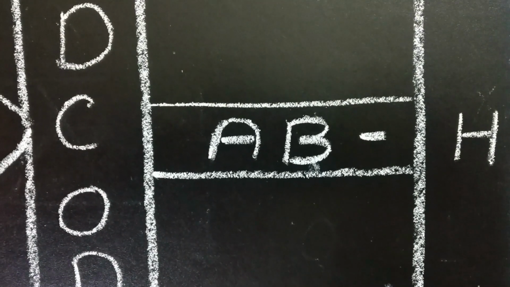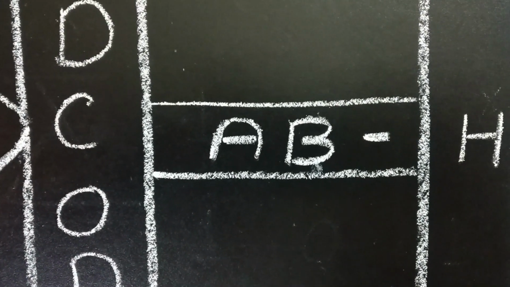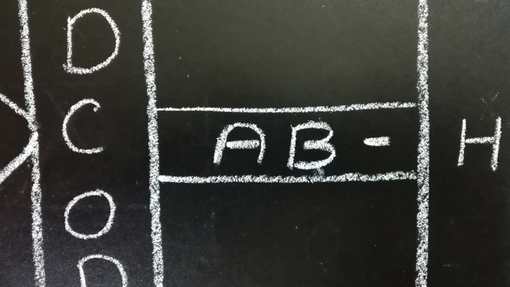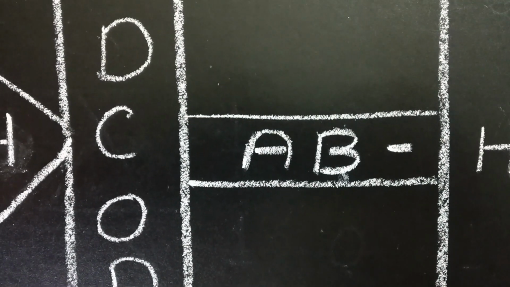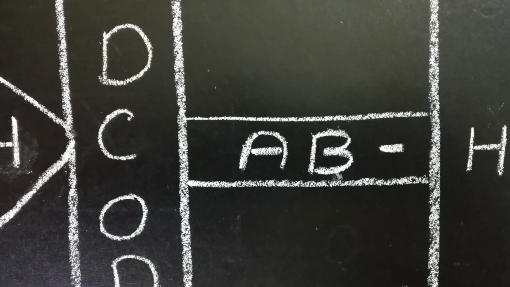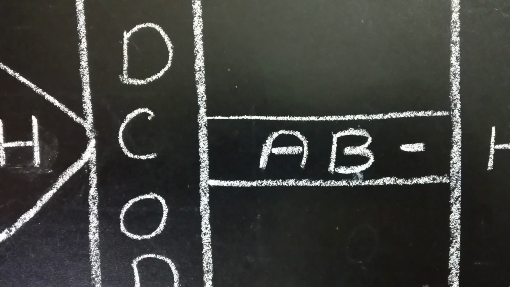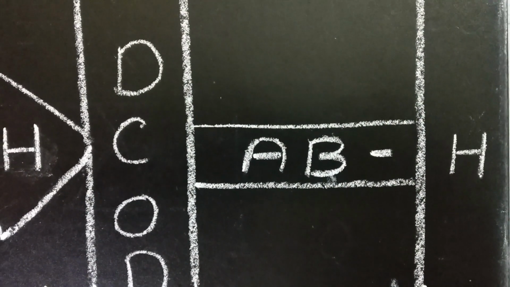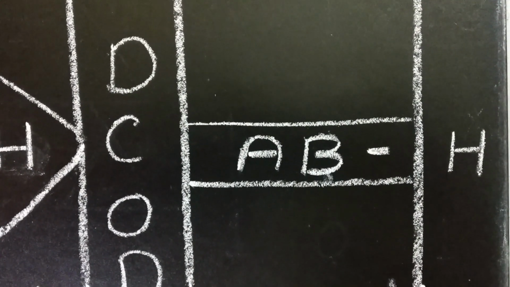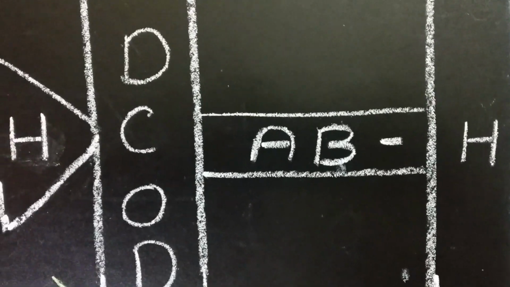AB is a hexadecimal number, an 8-bit number. A is actually 10 and B is 11. In the hexadecimal system, we have numbers from 0 to 9. After that, A, B, C, D, E, F. F means 15.